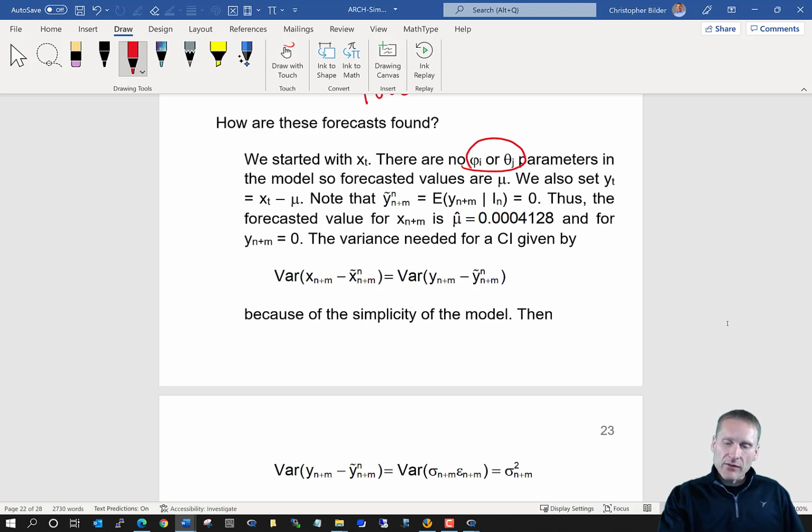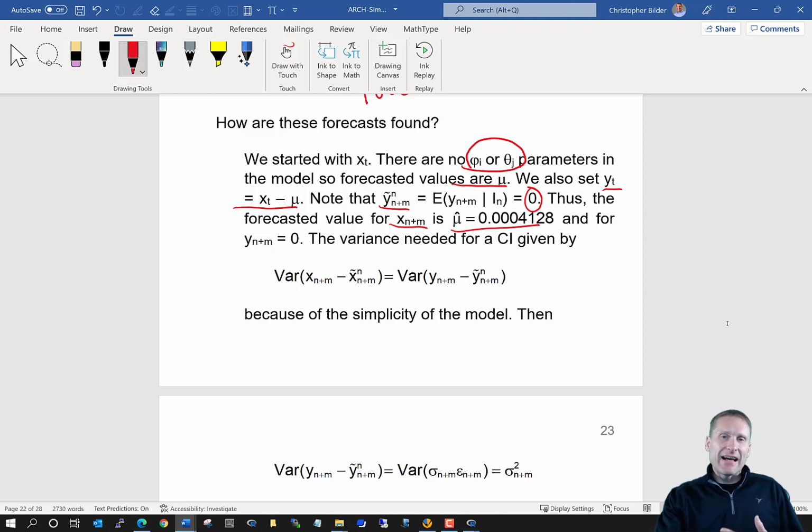Because of that, the forecasted values are all mu. That means y sub t is equal to x of t minus mu, the mean adjusted value. You can also think of y sub t as a residual. The forecasted values for those y sub t's are all equal to 0.